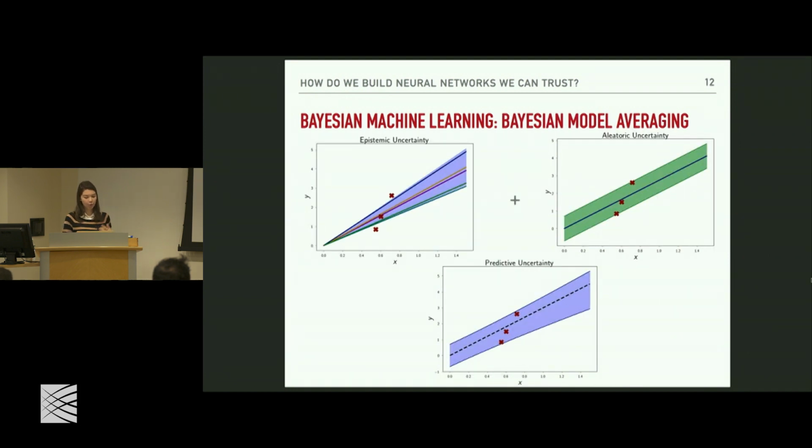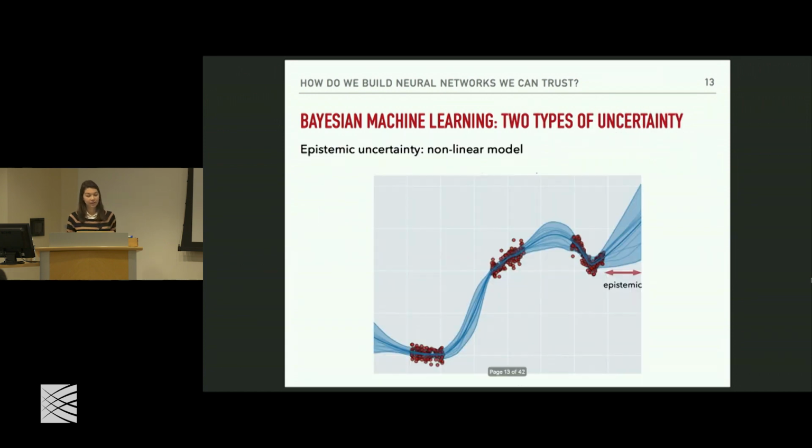So the total predictive uncertainty that we have when we combine both uncertainties is additive of the epistemic and aleatoric uncertainty.